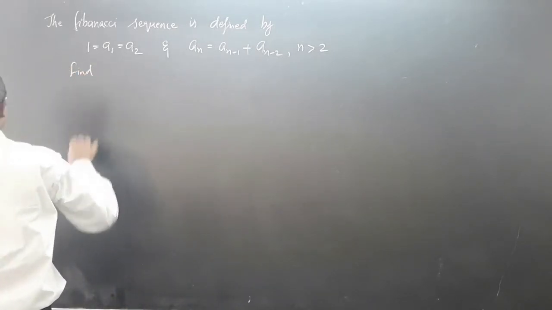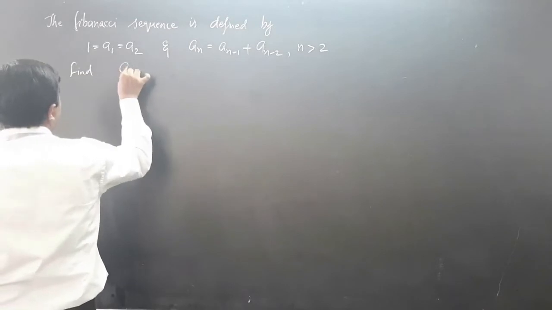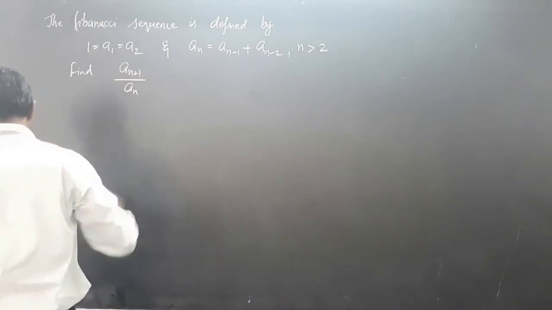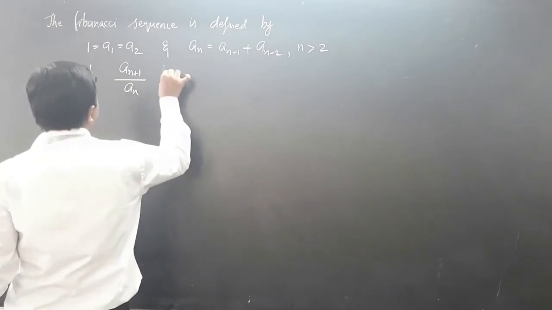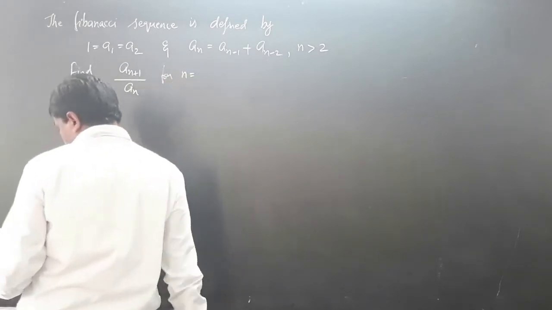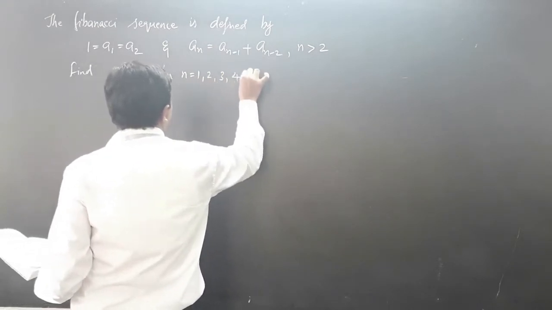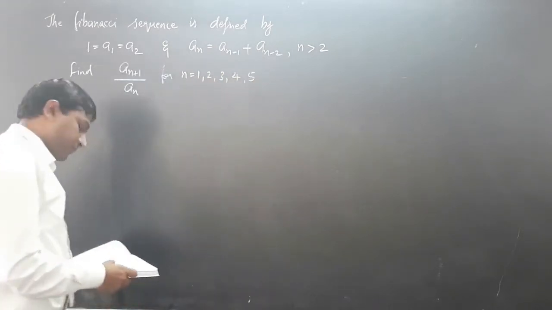Find AN plus 1 by AN for n equals 1, 2, 3, 4 and 5.